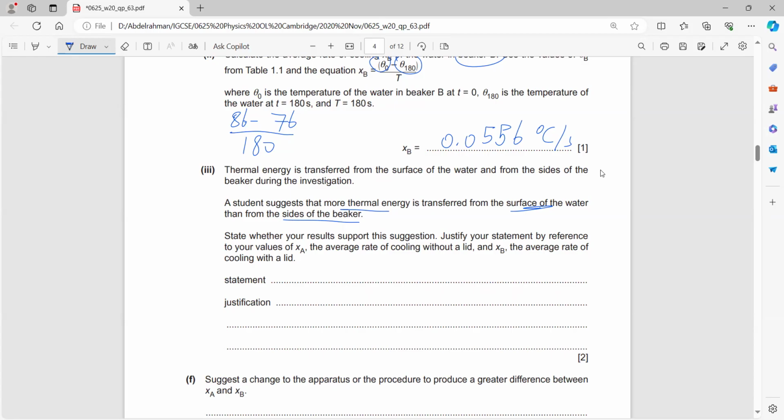Because the beaker left with an exposed surface had a higher rate of cooling than the beaker left with a lid.